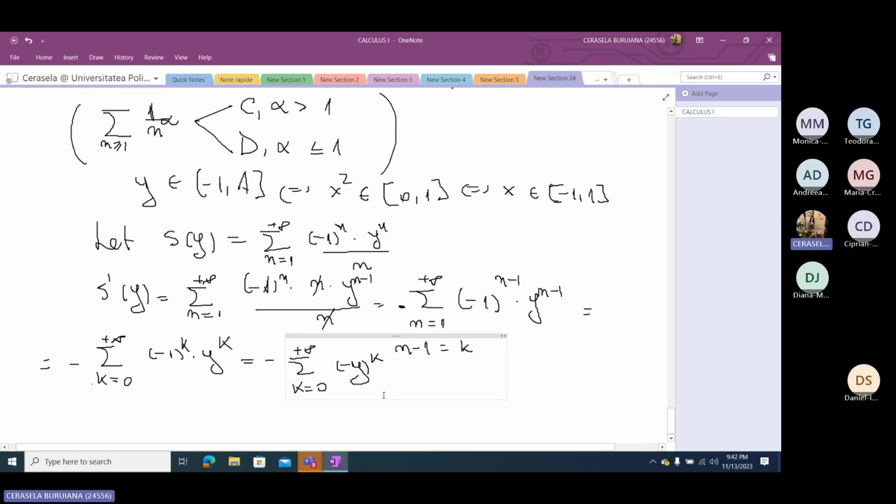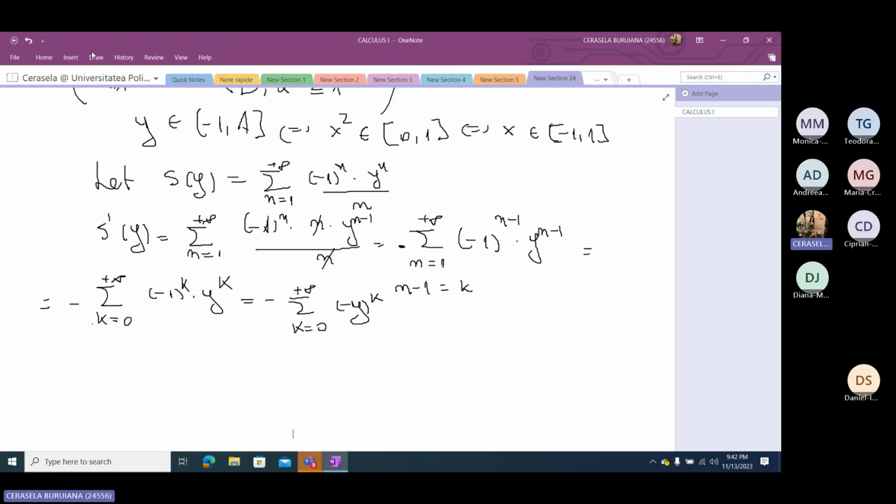Remember that we have the following formula. We discussed it at the seminar, you studied it at the course too. In general, 1 over 1 minus x is the sum of the series of general term x^n, when n starts from 0 to infinity, for any x such that its modulus is less than 1.